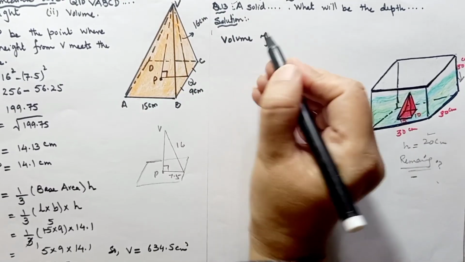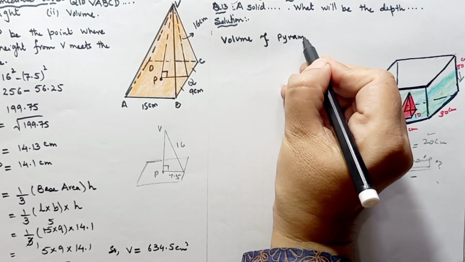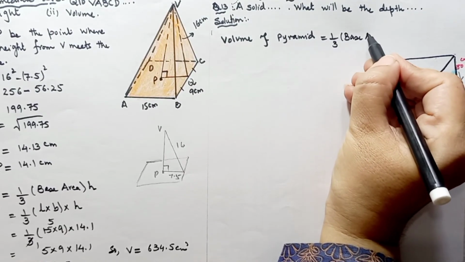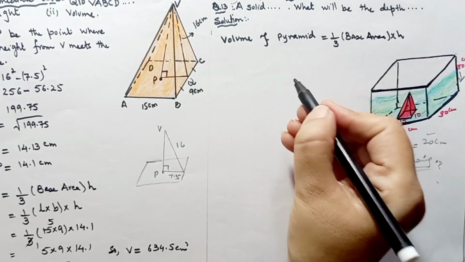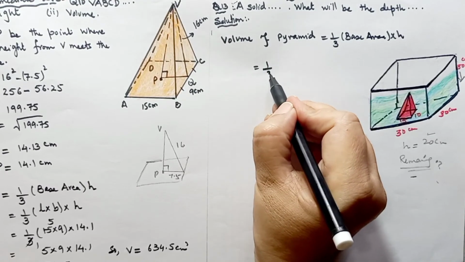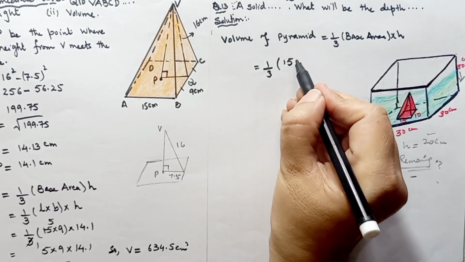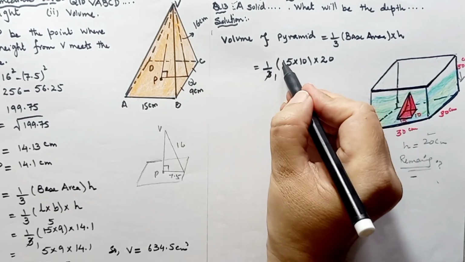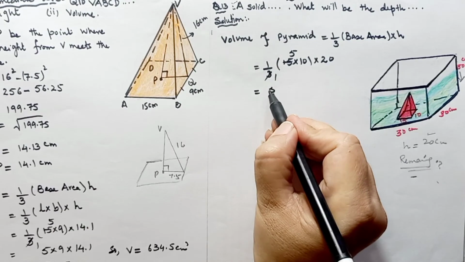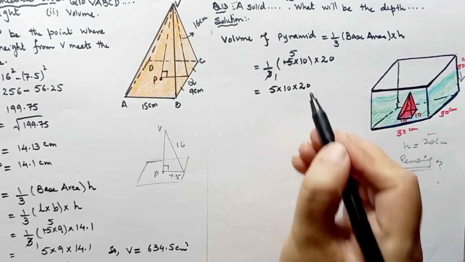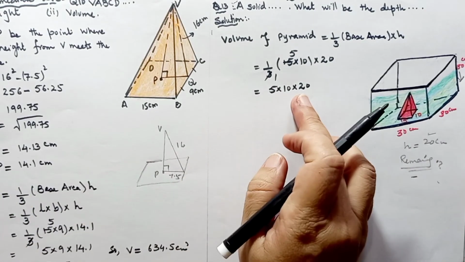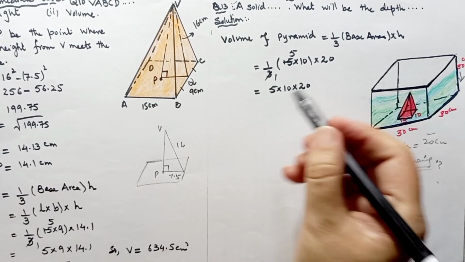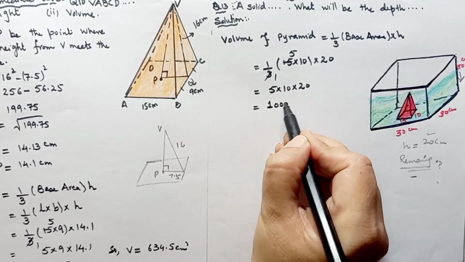Volume of pyramid equals 1 by 3 into base area multiplied by height. 1 by 3 into 15 by 10, and the height of this pyramid is 20 centimeters. 3 ones are 3 and 3 fives are 15, and I'm left with 5 multiplied by 10 multiplied by 20, and that gives me 50 multiplied by 20, which is 1000. Volume of pyramid is 1000 centimeter cube.